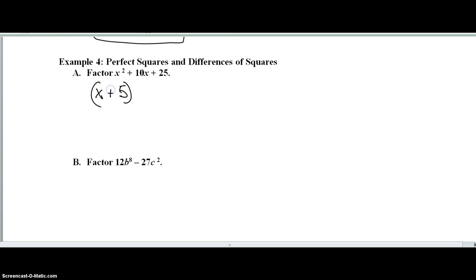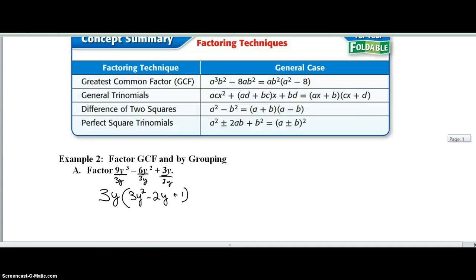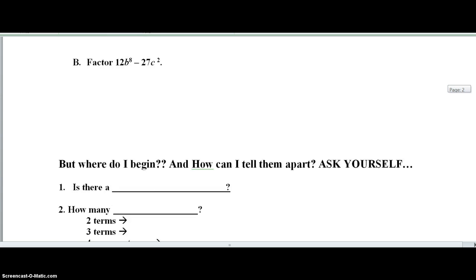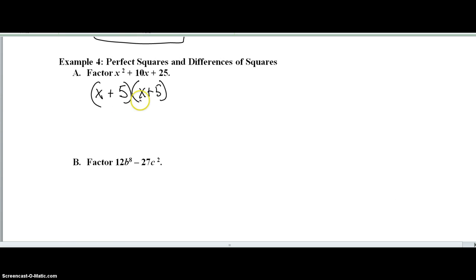And then all we have to do is add a plus in between because of the 5 here. And looking at the first rule, all we have to do is write that twice. Let me scroll up and show you. Right here, we have the perfect square trinomial, so this was our first and our last term. We just have a plus b squared. So from our example, x plus 5 squared.